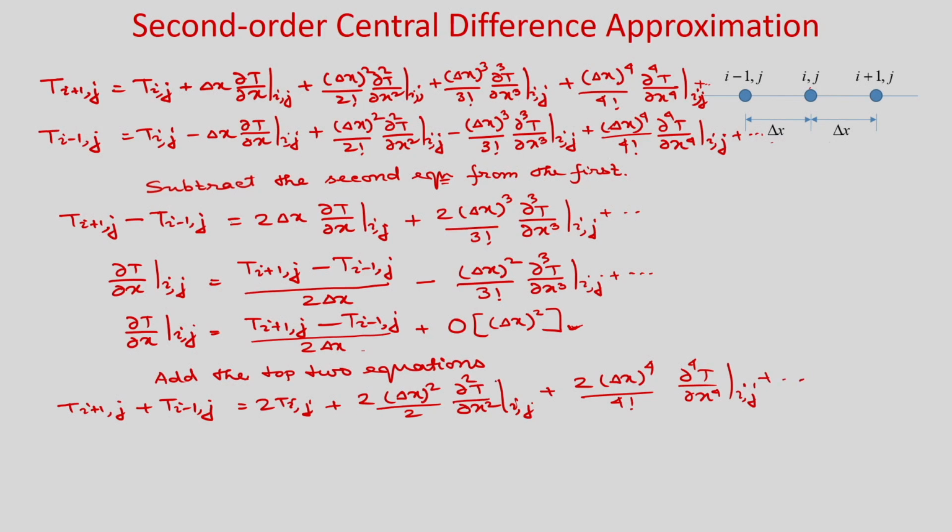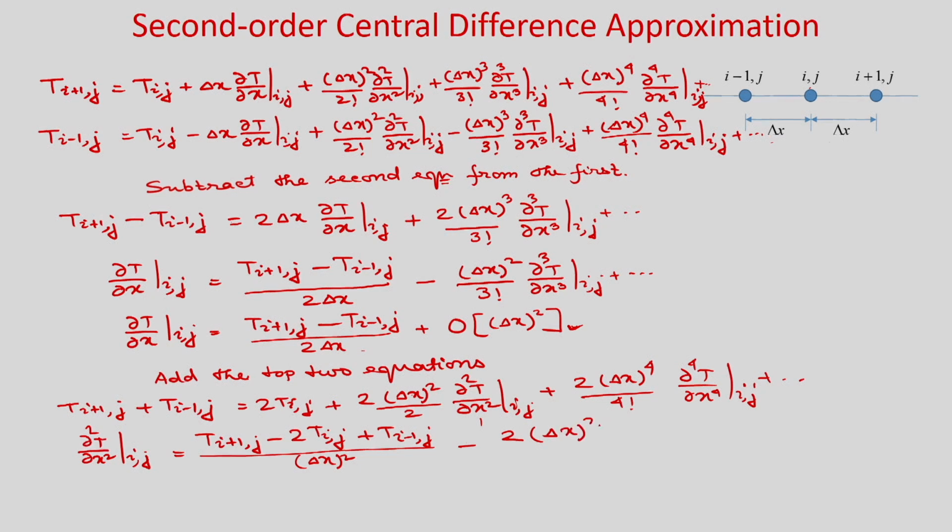So, now you can see you can represent this second derivative using 3 points. T i plus 1 j, this if you take on the left hand side you will get minus 2 T i j plus T i minus 1 j divided by delta x square, and you will have minus 2 delta x square, you are dividing.